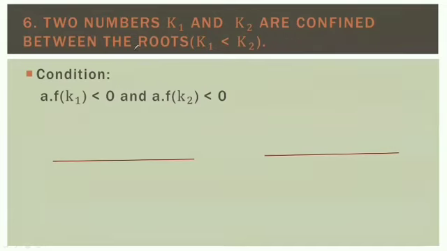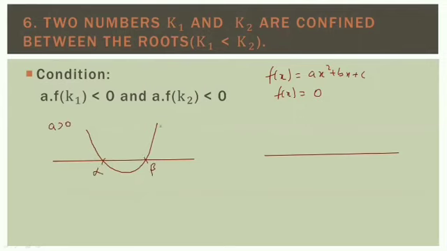In this case, we have a function f(x) equal to ax square plus bx plus c whose graph we will draw. The roots of equation f(x) equal to 0 are alpha and beta. They will be plotted for two cases: when a is greater than 0 and when a is less than 0.